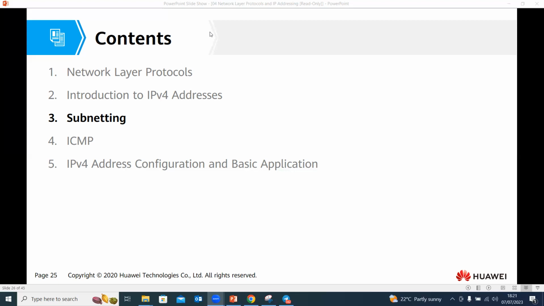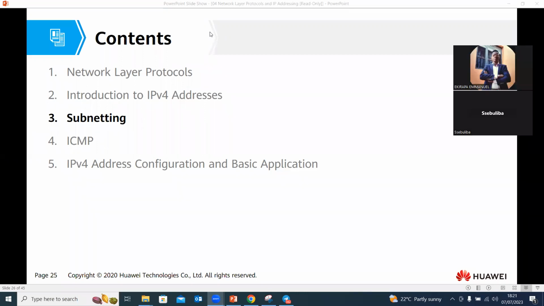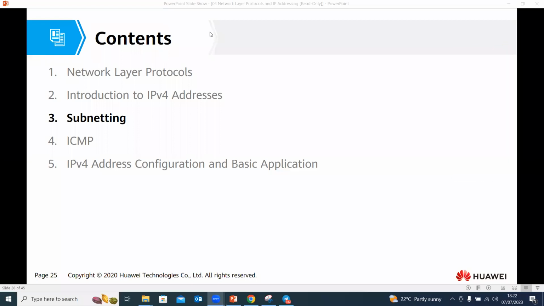So they decided to come up with subnetting. You come up with small networks depending on the needs of the company or customer. They may have small departments within their network, and they wouldn't want one department to share information with another department.